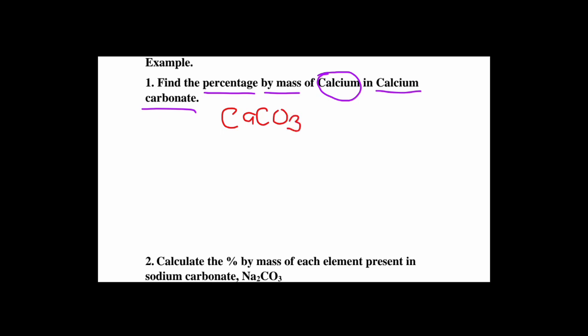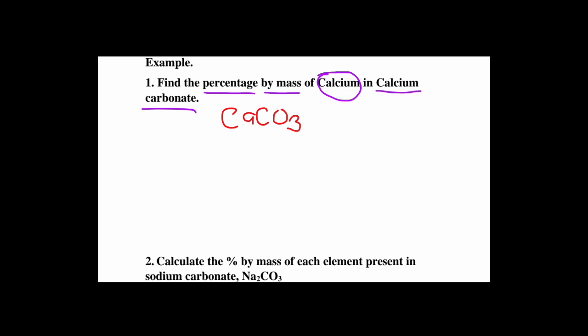The second step is to calculate the total number of atoms in this calcium carbonate so that we can come up with the molar mass. So we are going to calculate the molar mass of calcium carbonate.